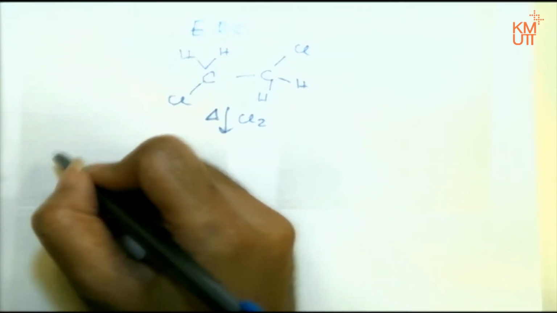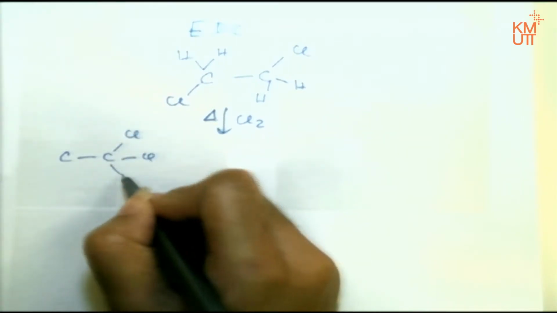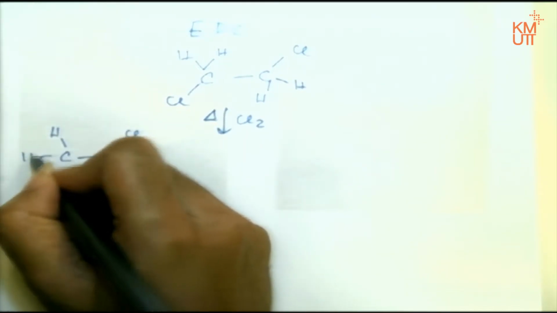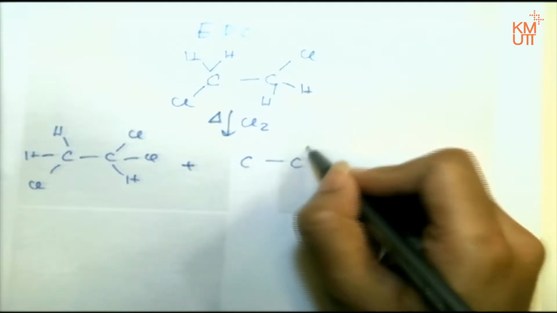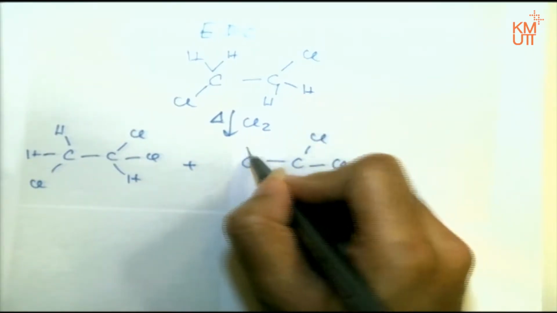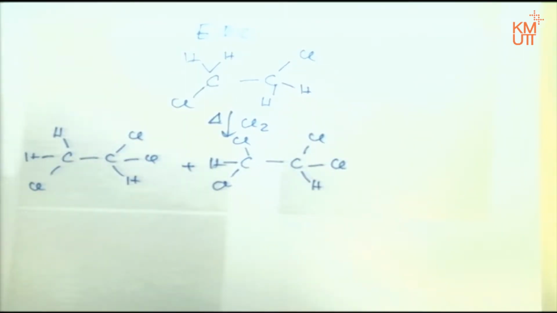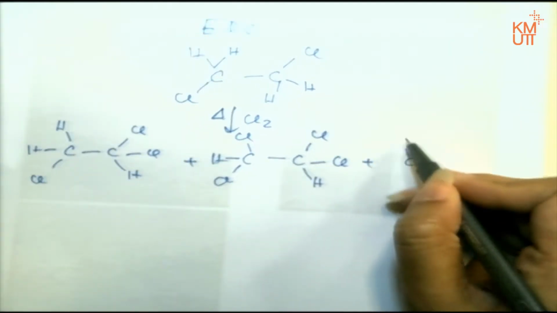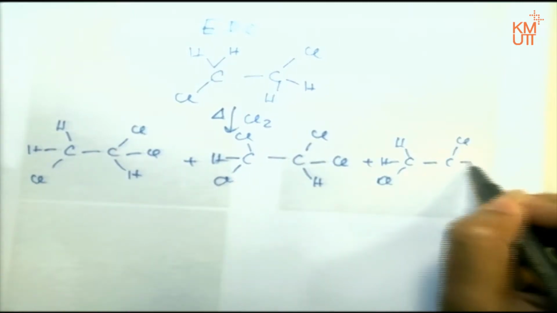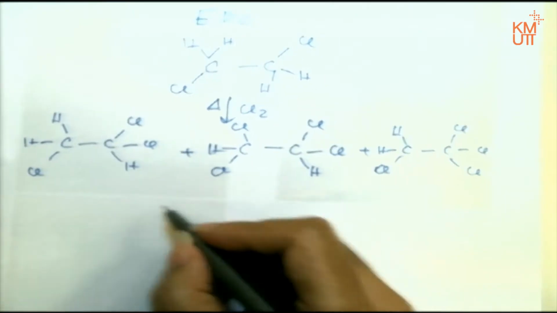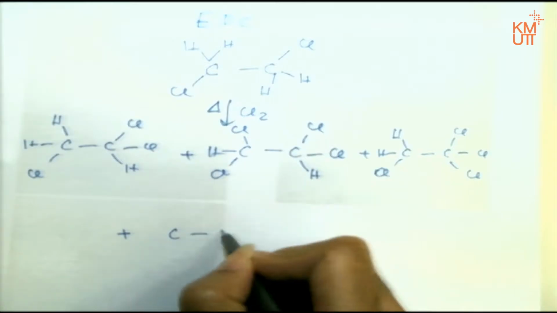The first product is the substitution of one chloride atom. The second one could be this one, 2 chloride atoms on 2 carbons. So in total you have 4 chloride atoms, and this one is also possible, 4 chloride atoms, but 3 on the same carbon. Why not? And what else? You can also introduce 5 chloride atoms.